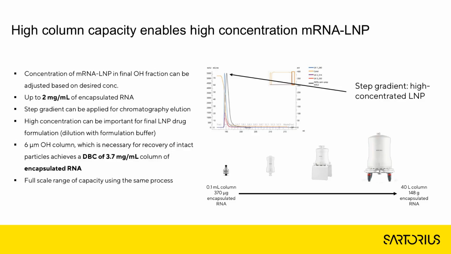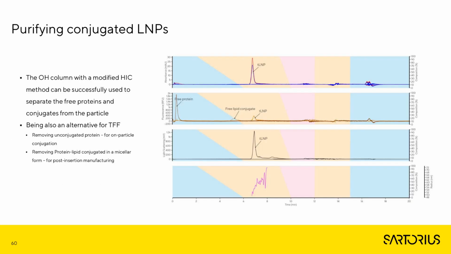And this is enabled also by a large dynamic binding capacity, which for the 6 micron OH column is 3.7 milligrams of encapsulated RNA per milliliter of column volume. This then enables a highly scalable process from a 0.1 milliliter analytical column for microgram scale up to a 40 liter column on the 100 gram scale of purifying your LNPs.